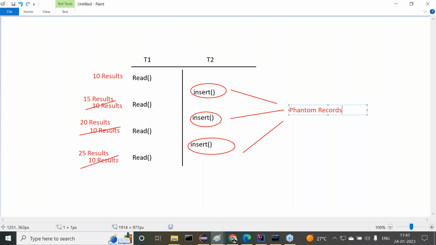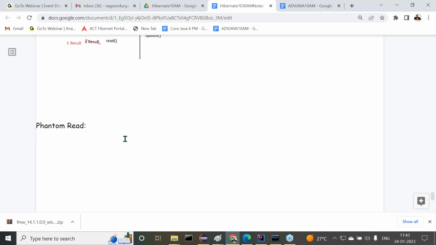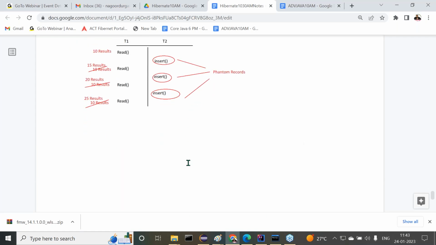This is a problem caused by multiple records, called phantom reads. This is exactly the meaning of all these problems. Now, how are we able to provide a solution for it? How is it possible to provide a solution for it?